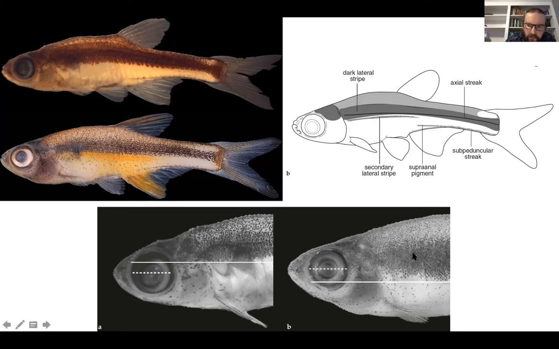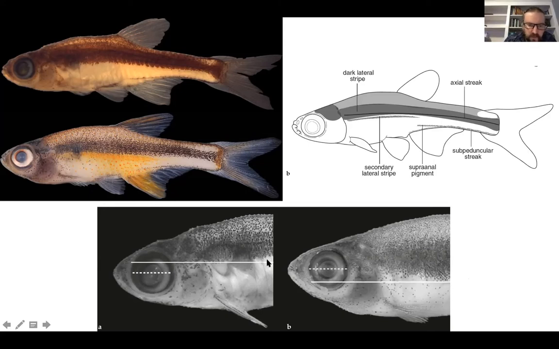And just to give you an example, this is a pigmentation feature that we referred to as the dark lateral stripe. Here's the dark lateral stripe on the side of the body. And in this particular individual, the lowermost limit of this feature actually extends ventral to the center of the eye.